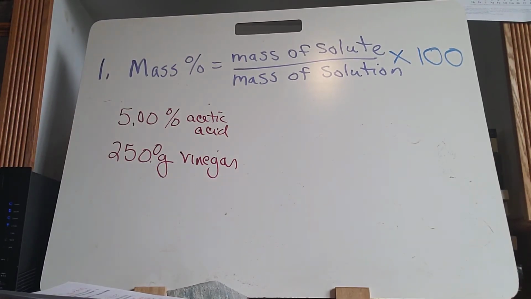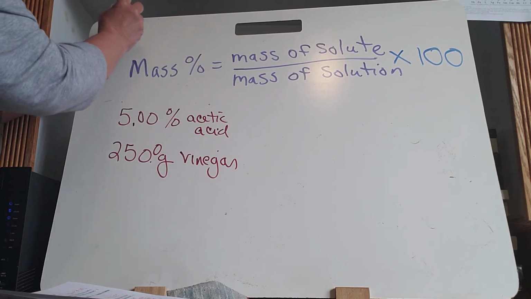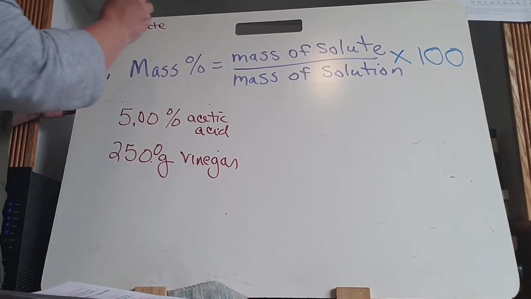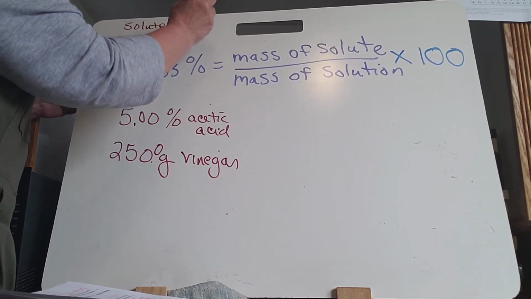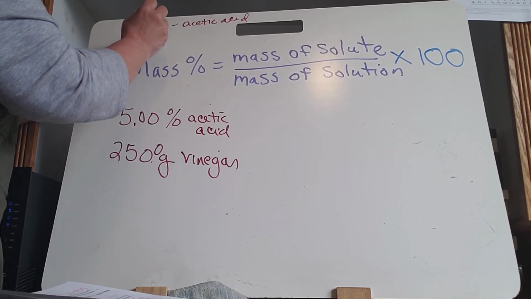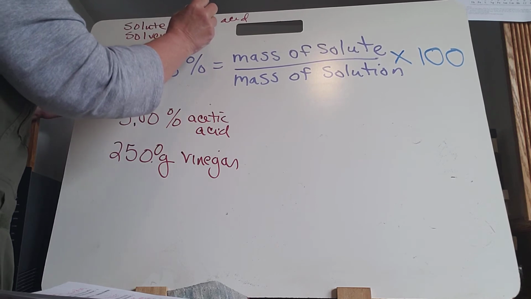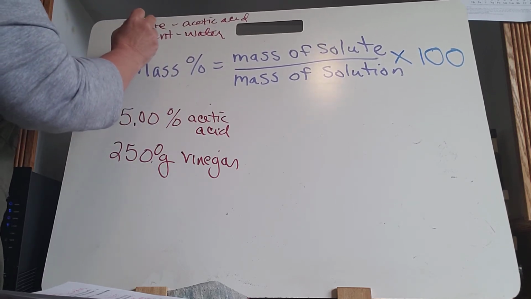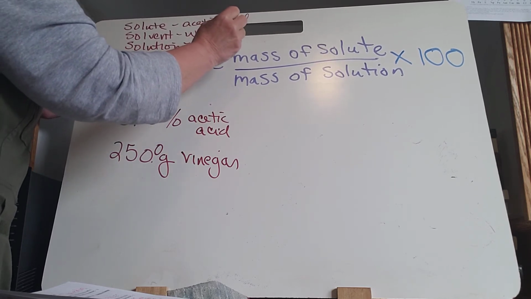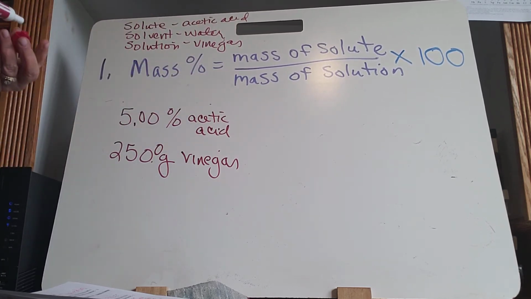Now, if I didn't ask you for this, but if you asked for the solute, what would be the solute here? It would be the acetic acid. The solvent would be the water, and the solution is vinegar. So when you're buying vinegar, you're buying acetic acid dissolved in water.